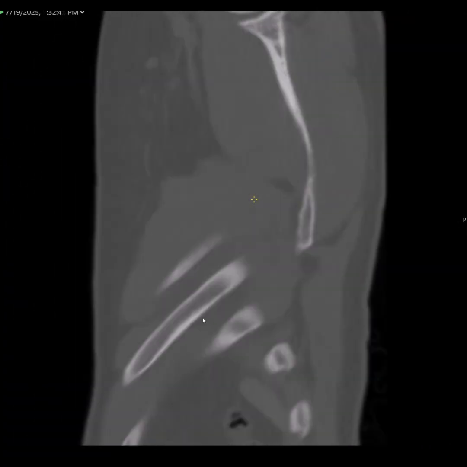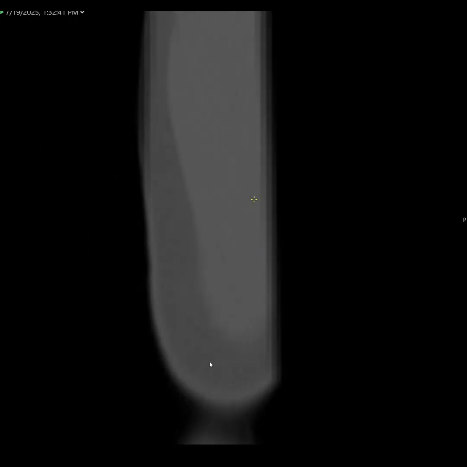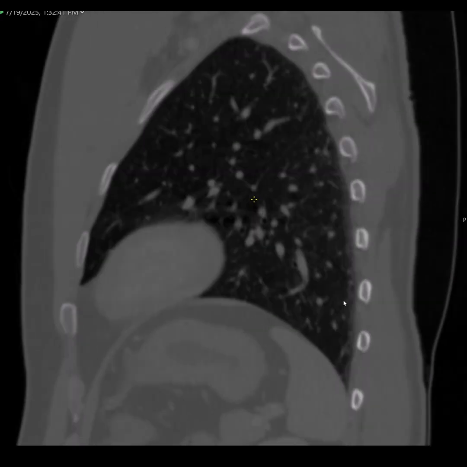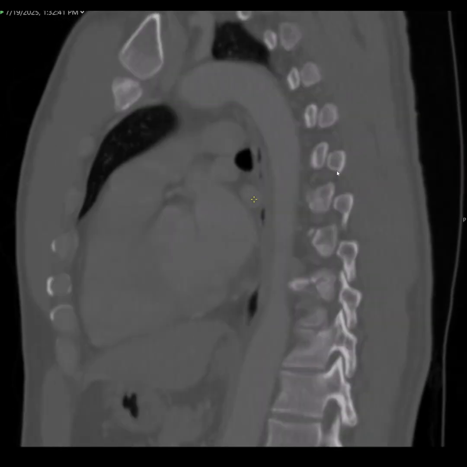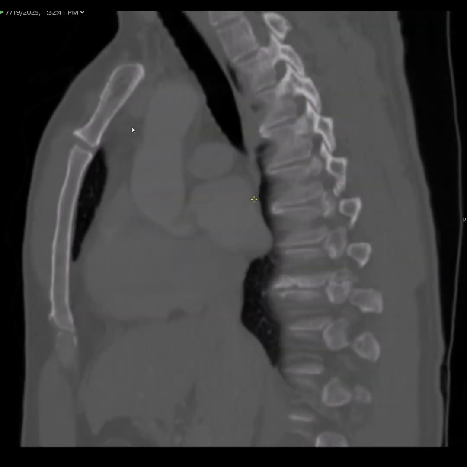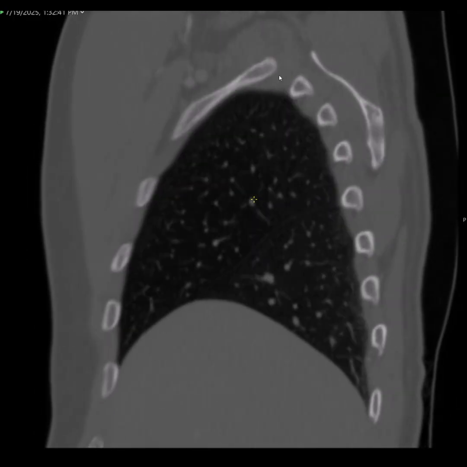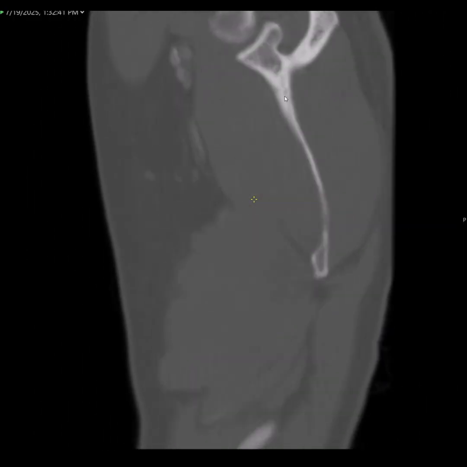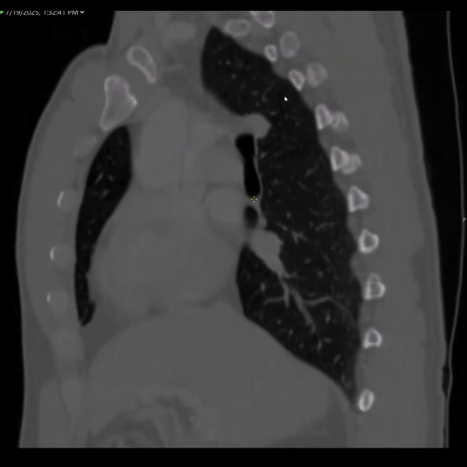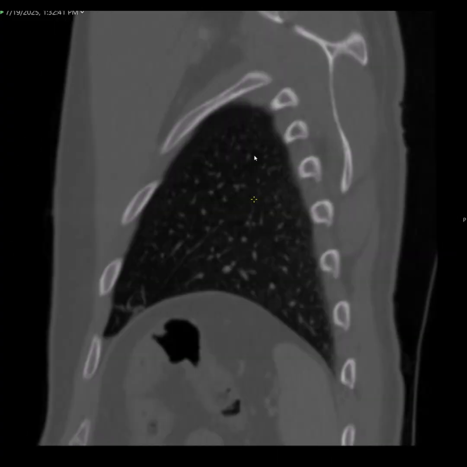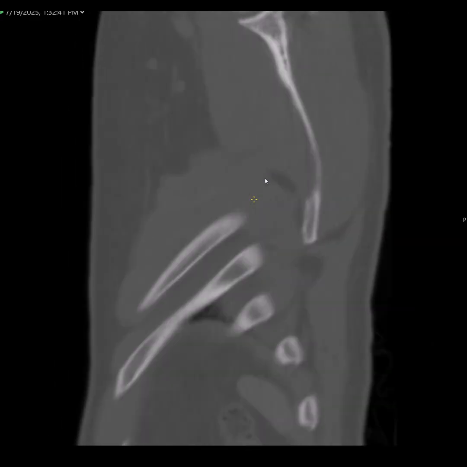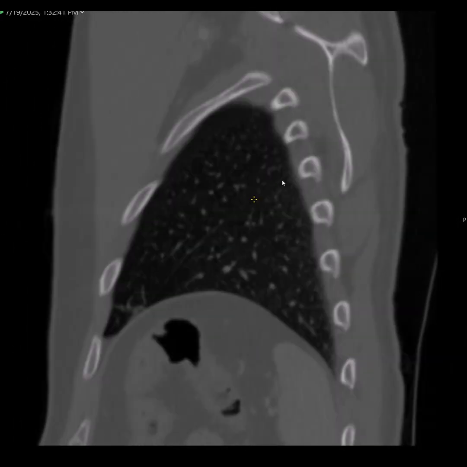Then going over to the other side. Again, following each rib here, everything looks normal.